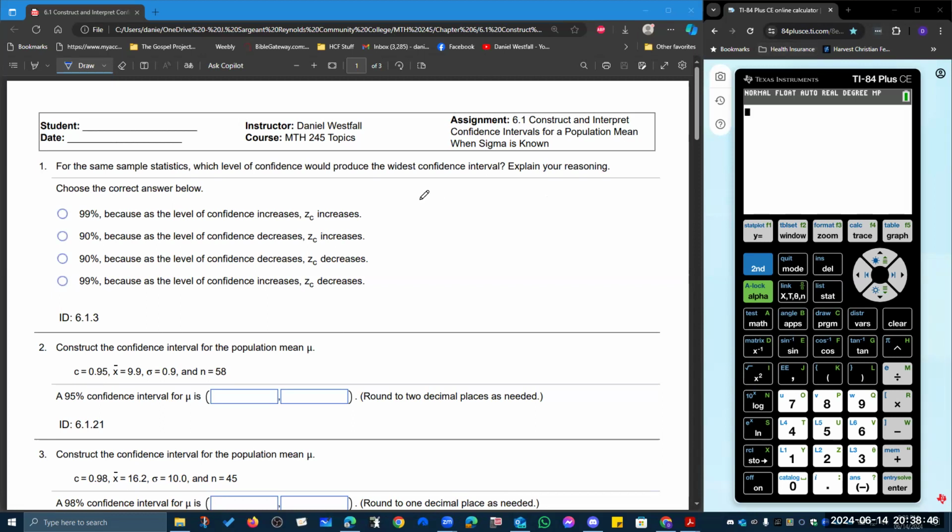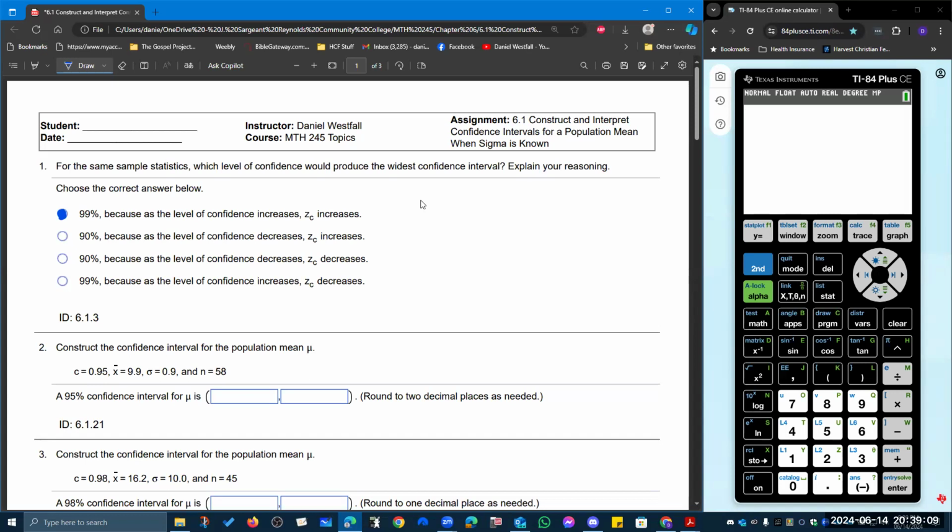For the sample statistic, which level of confidence would produce the widest confidence interval? That would be the biggest level of confidence, so that would be 99, because as the level of confidence increases, z increases, and that's going to increase our margin of error, which will increase the width of the confidence interval.